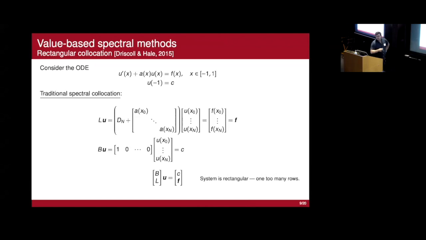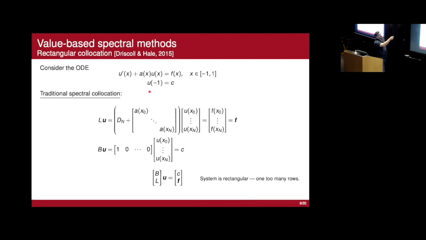Traditional spectral differentiation would say, okay, I'm going to take my differentiation matrix on the n plus 1 point grid, that's D_n, plus a matrix that point-wise multiplies the values of A at x0 through xn times the values of u at x0 through xn. And now the right-hand side f in this ODE is just the values of f at x0 to xn. So this is the action of the differential operator L times u.